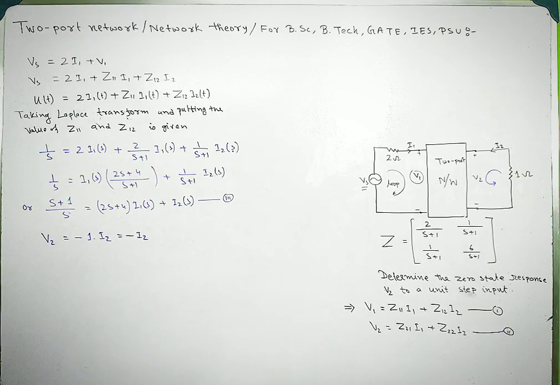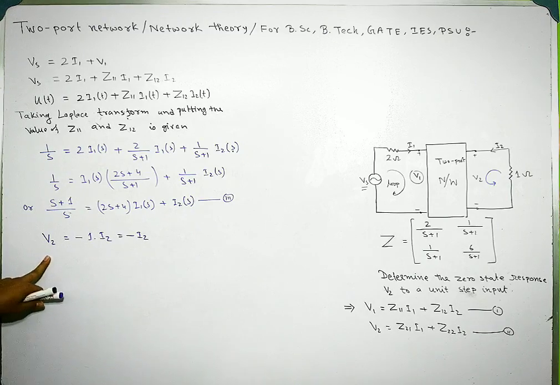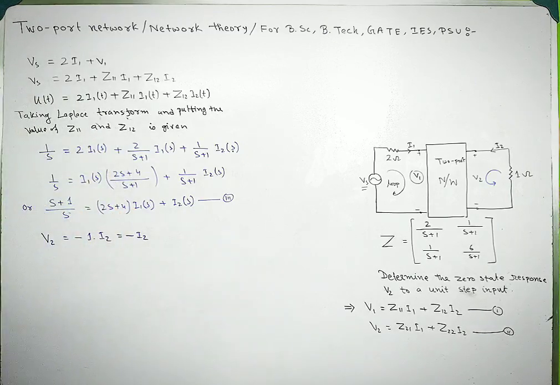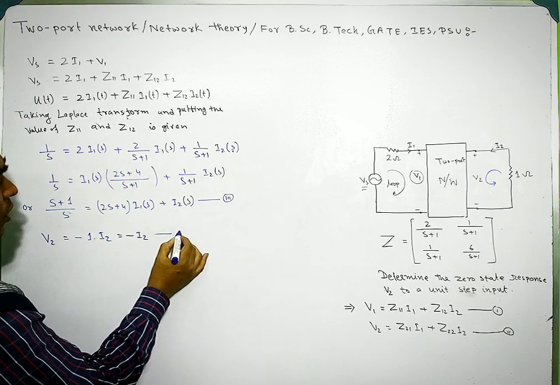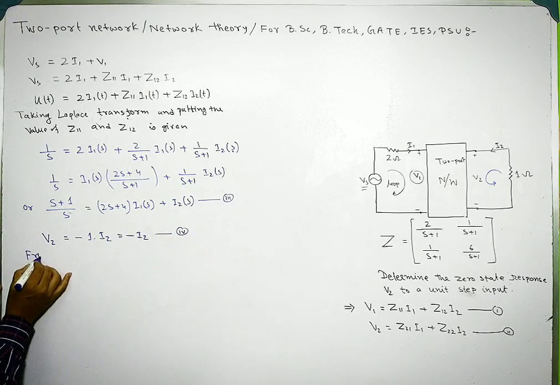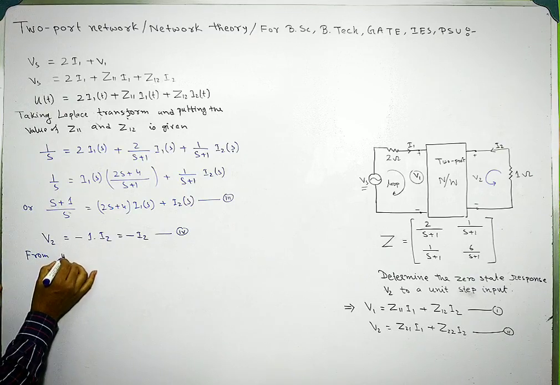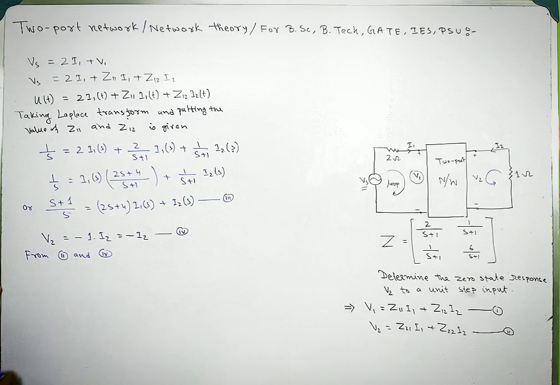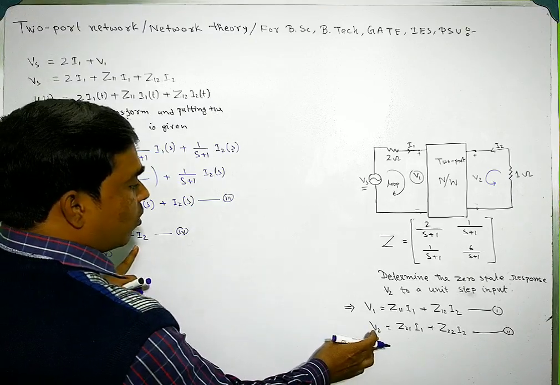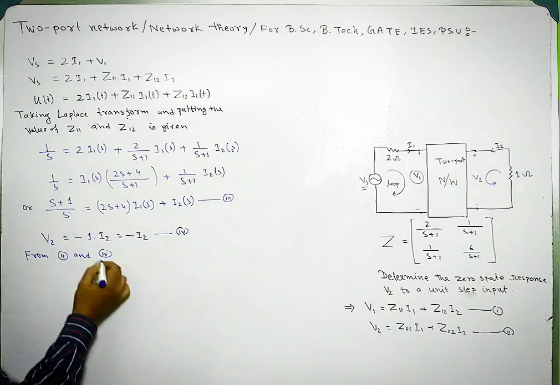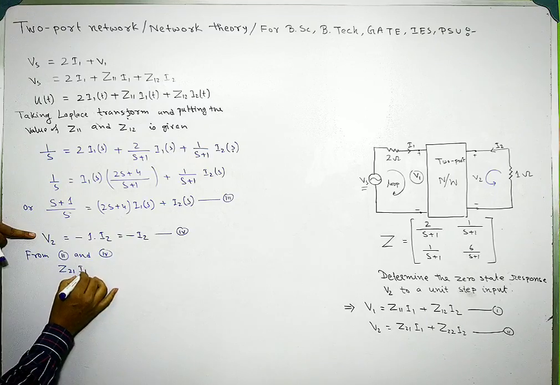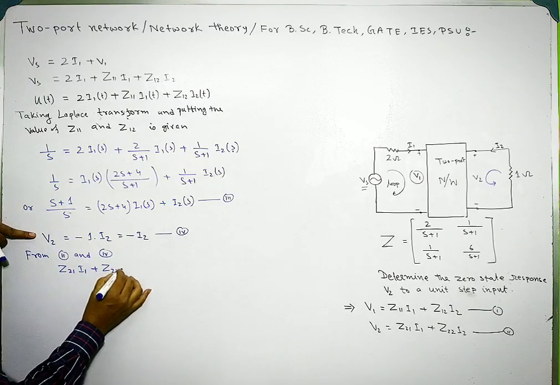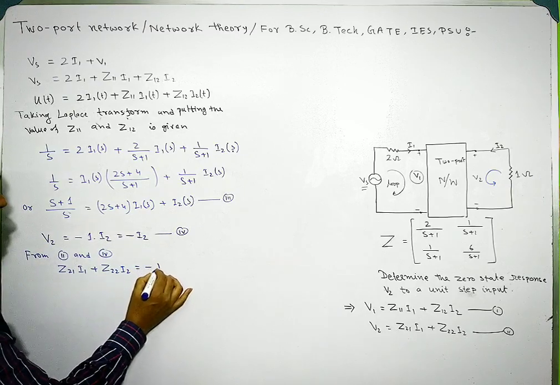Now from equation 2 and equation 4, where V2 is minus I2, we can write that Z21 I1 plus Z22 I2 equals minus I2.